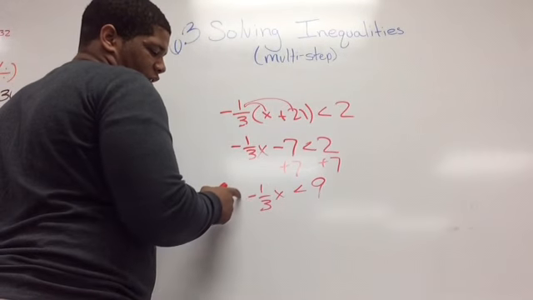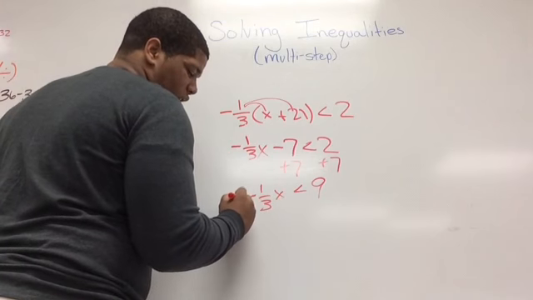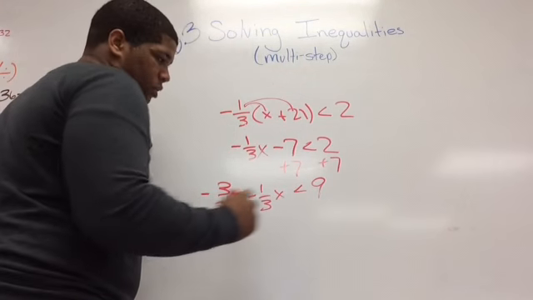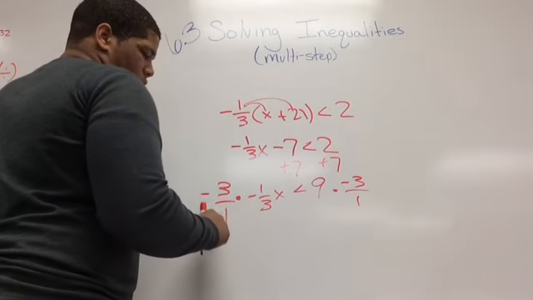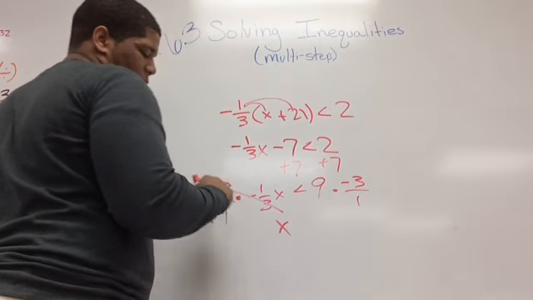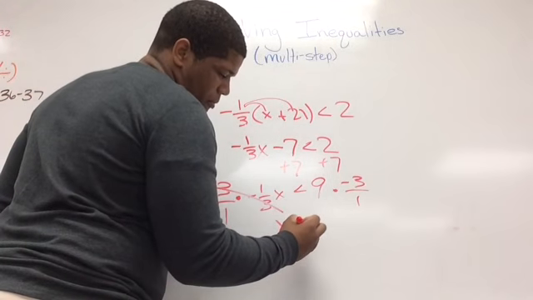And so to get rid of this negative 1/3, I have to divide by negative 1/3, which is the same thing as multiplying by negative 3 over 1. So if I multiply both sides by negative 3 over 1, then these are going to cancel out. I'm left with x over here. Since I multiplied by a negative number, I have to change my sign.